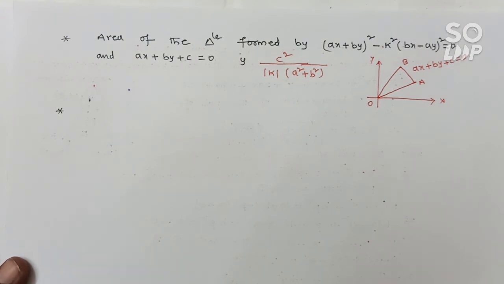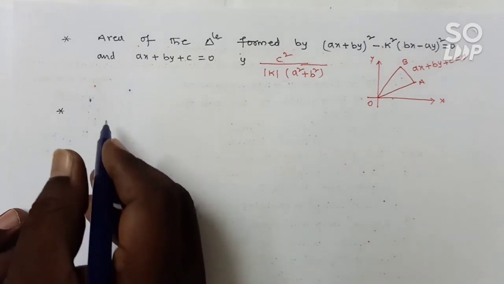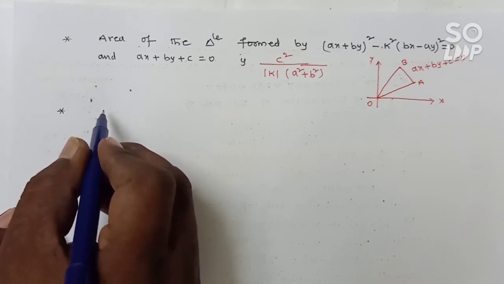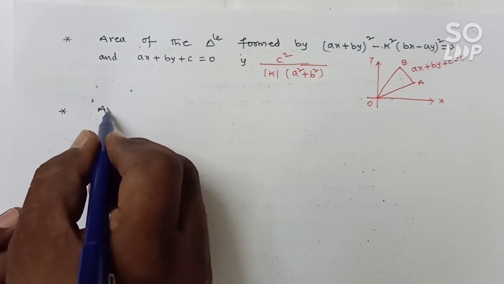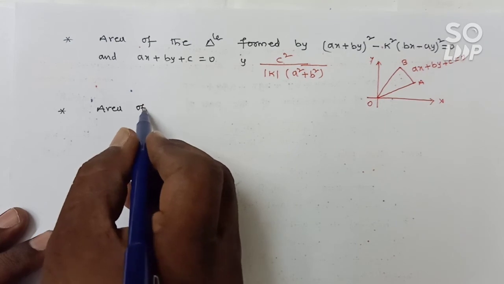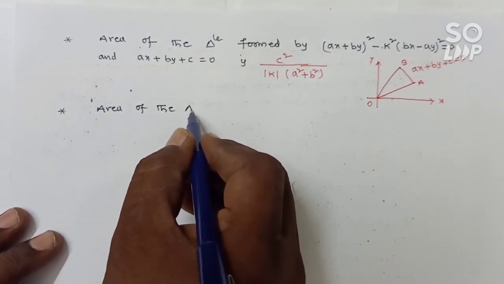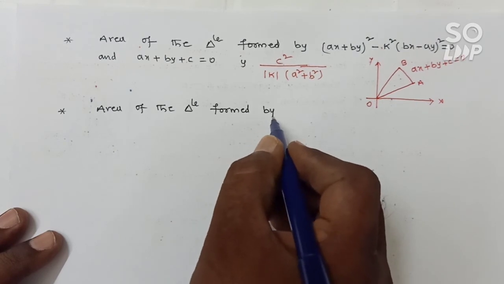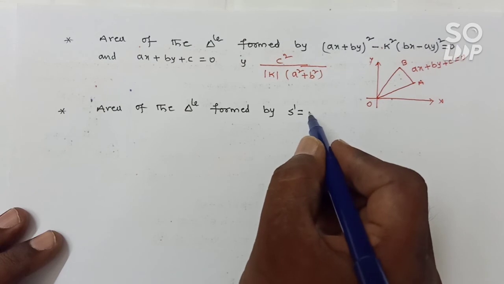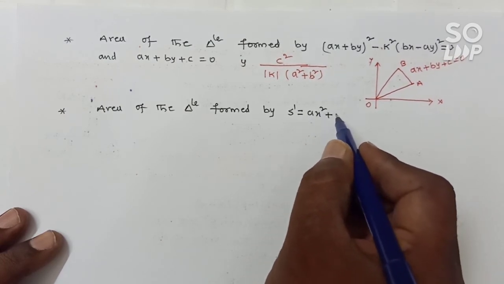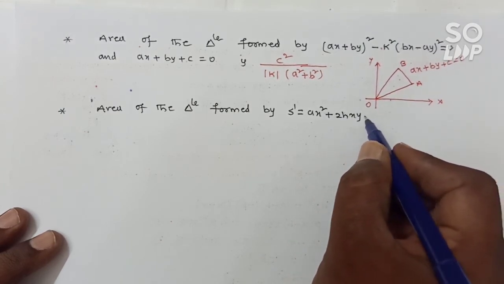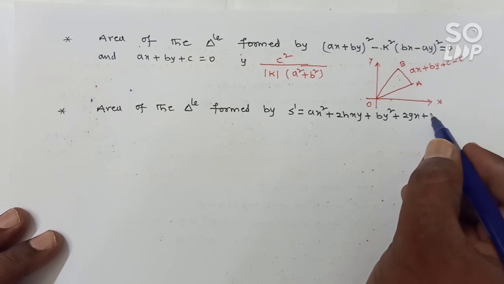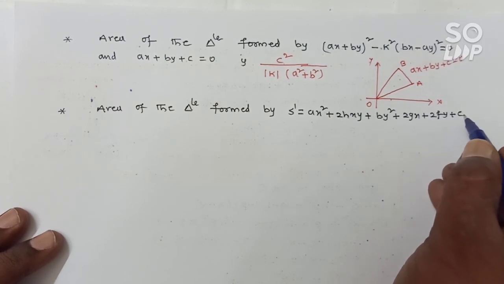See the next formula. Area of the triangle formed by S dash is equal to ax square plus 2h into xy plus b into y square plus 2gx plus 2fy plus c is equal to 0.